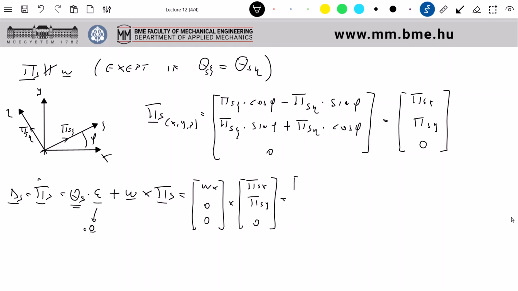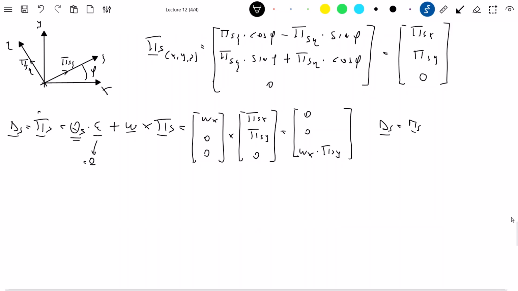If you do this cross product, we obtain 0, 0, and then omega x times pi sy. We have ds equal to ms. So this means that in order to have omega constant, we need to have a moment which is not 0.